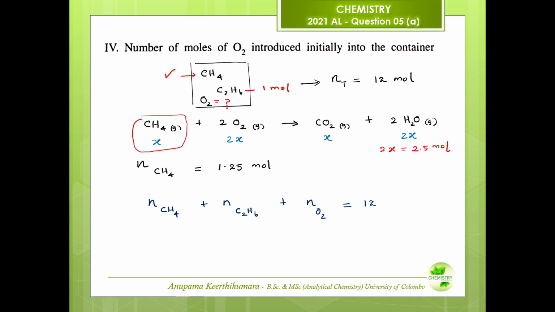Then substitute values. Methane is 1.25 moles, C2H6 is 1 mole, plus the number of moles of initial oxygen, total equals 12 moles. The initial number of moles of oxygen is 9.75 moles.